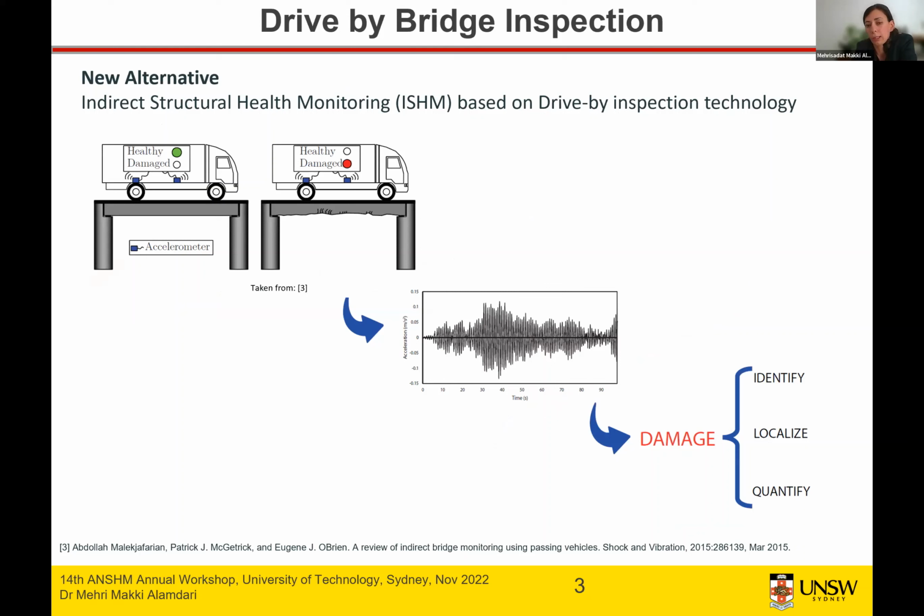The idea behind this technique is that if we have a bridge structure that has a problem, a crack or some sort of deterioration, what if we use a passing vehicle as a sensor, and try to extract information about the health state of the bridge, instead of looking at sensors installed on the structure of the bridge, but using sensors installed on the moving vehicle?